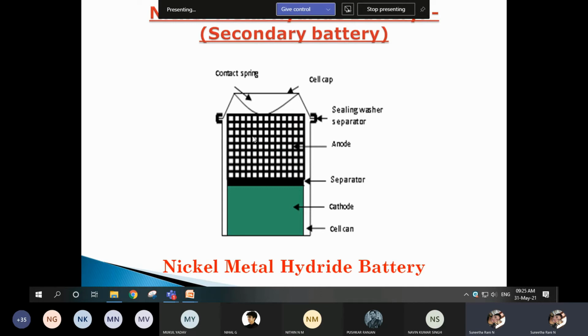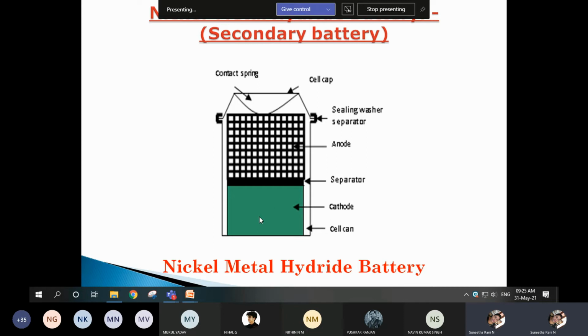It is the black one, which looks like porous sheets. This is the anode, and there is a black thick solid space, that is the separator. And we have a green one, which is nickel oxyhydroxide, the cathode.